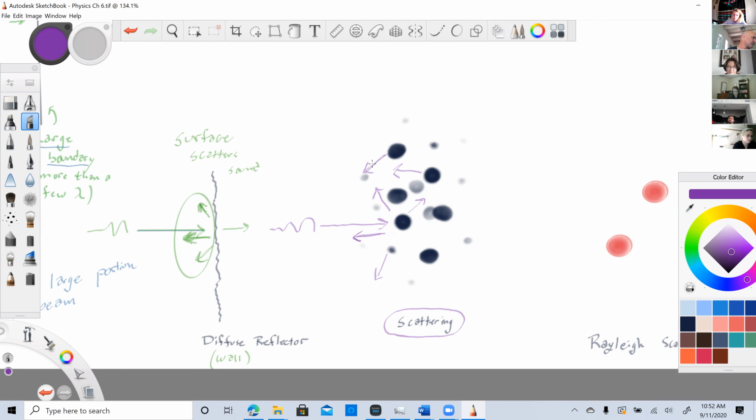All right, there's another term. I skipped a term. I want to go back to it in just a second. That's why I've got to keep this book open. Scattering: many directions, tissue interface is small, equal to or less than the wavelength.